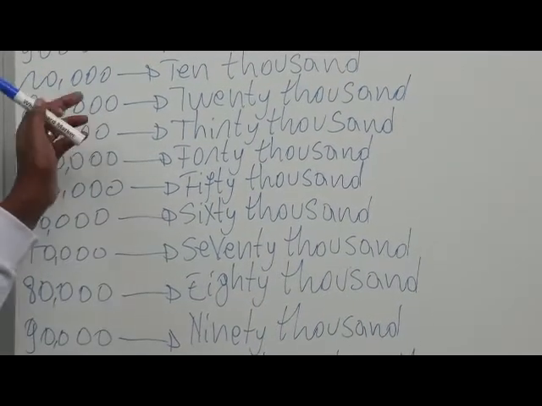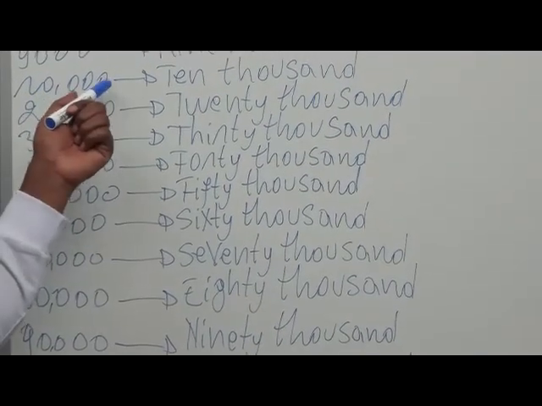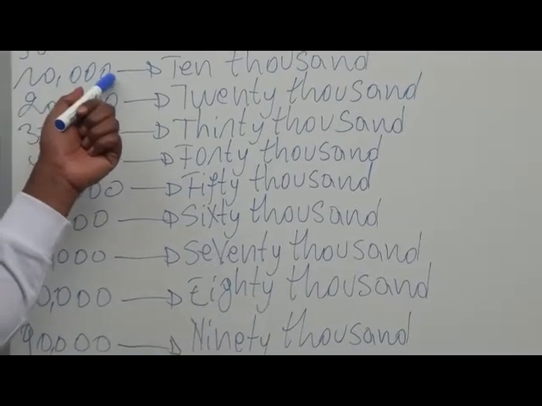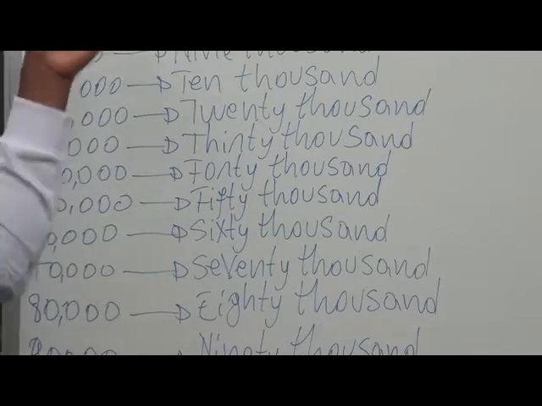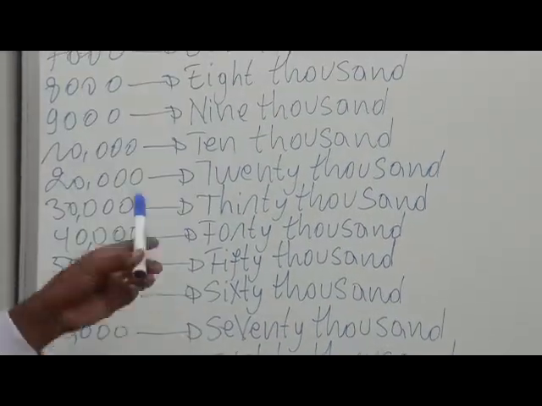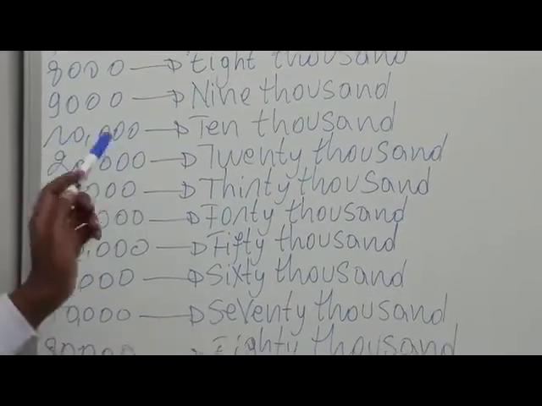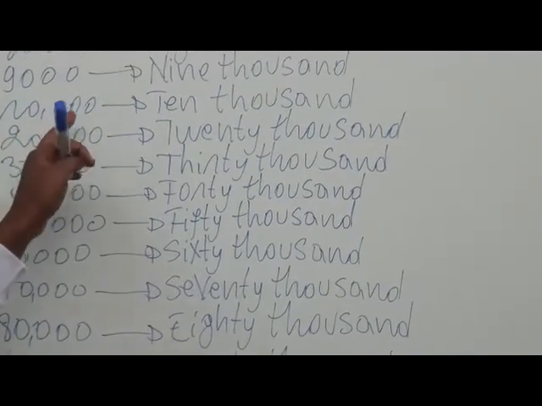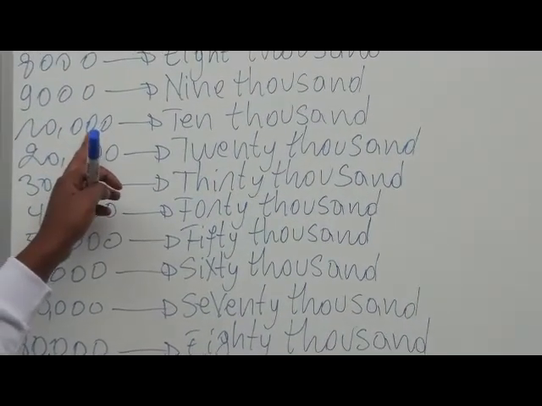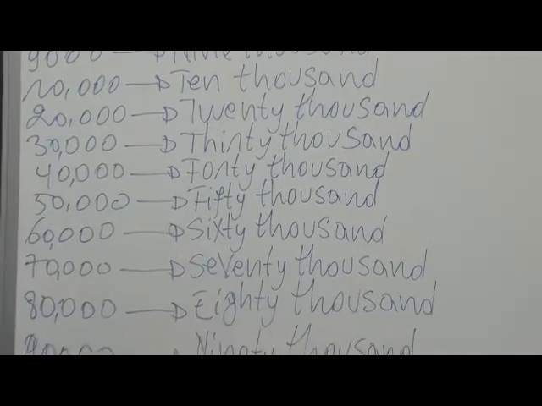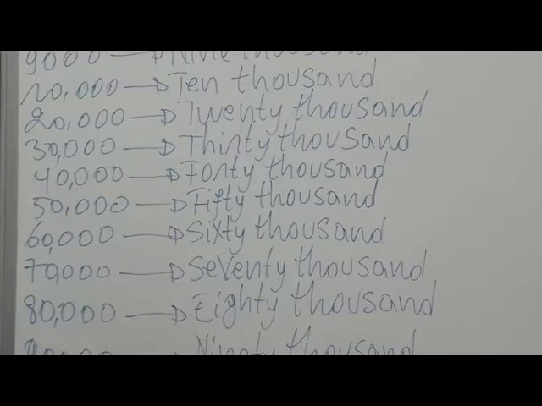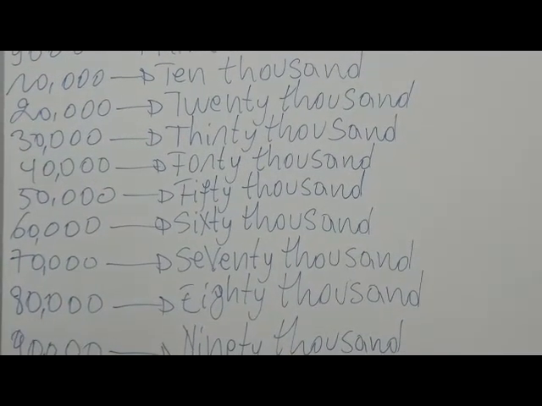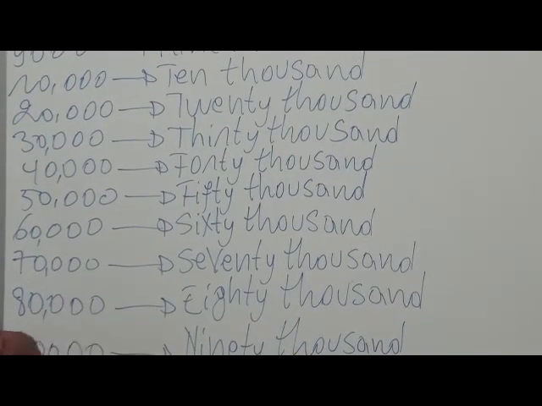Like here we say 10, and these 3 zeros we say 1,000. It's like what we have already seen above. So we will say 10,000.